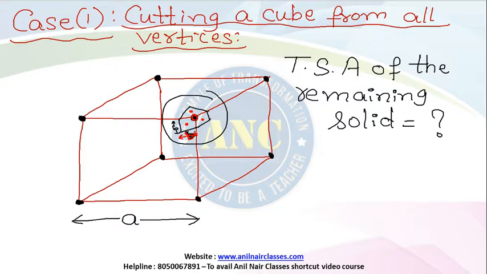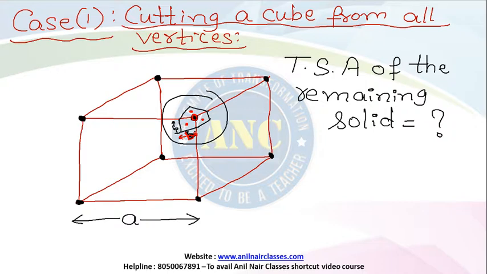So if I cut and remove, how many surfaces will I lose in total, sir? 3 surfaces. I have marked them in red color. I will lose 3 surfaces of area B square. But if you visualize it in 3D and observe carefully internally, 3 more squares will be created.